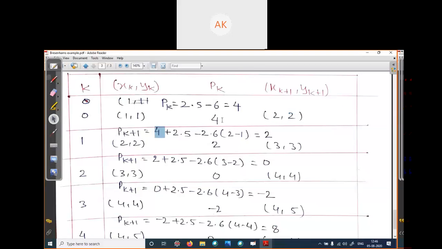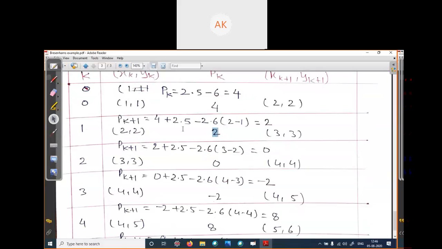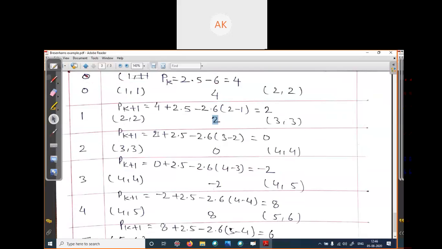Initial decision parameter is 4 plus 2 into delta x minus 2 into delta y, xk plus 1, which is 2, minus xk, which is 1. Solve this, find the value, which is 2. Again your value is a positive number, then both coordinates will change with 1, means 2 plus 1 is 3, 2 plus 1 is 3.